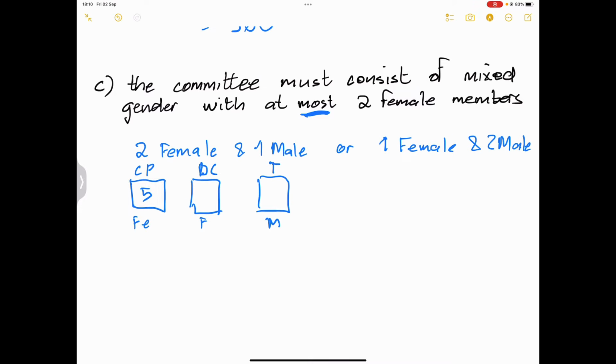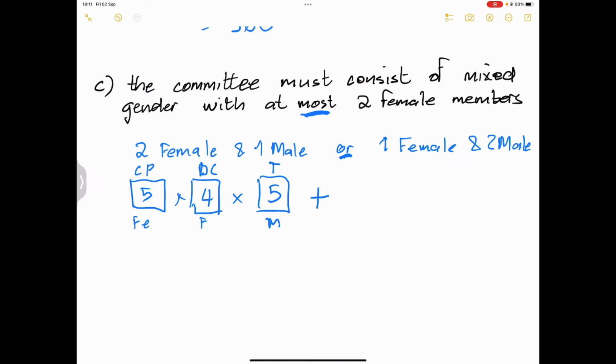We've got 5. But now that we've chosen one, we've got 4 that are left to choose from, and that's female. But how many males in this case? Of course, we do have 5 males that we can choose from. So that would be 5 times 4 times 5. Now we're going to say plus. Remember, in this case we are saying plus because it's an or, so it's dependent.